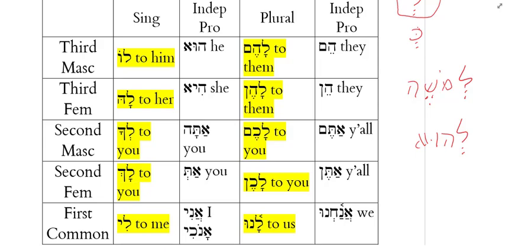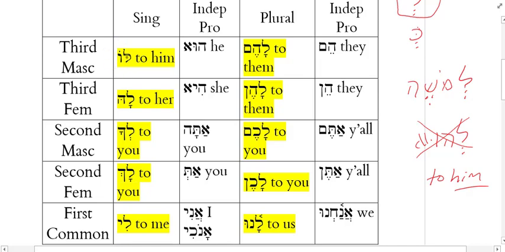But if I want to say to him, is him the subject of a verb? No, it's the object of a preposition. So I have to use a different form of the pronoun. And that's what this is all about, the pronouns that are attached as objects of prepositions. Okay? So I can't say lehu. I have to use a different form of the pronoun him, and it's going to be the holem vav over here, lo. Okay? So that's what we're going to do.